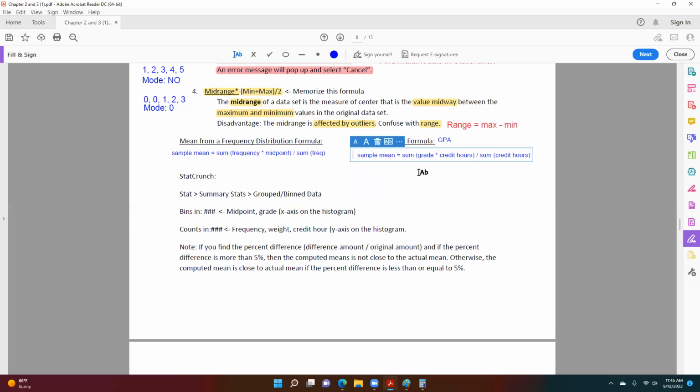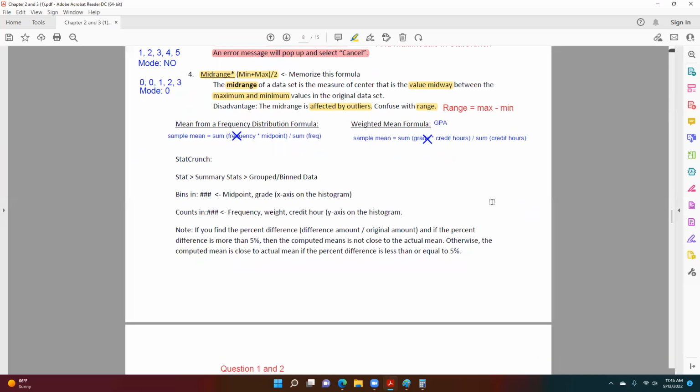You take the grade times the credit hours, take the sum of it, and then divide by the sum of the credit hours. Again, you do not need to worry about memorizing these formulas, because we will be using StatCrunch to replace it.